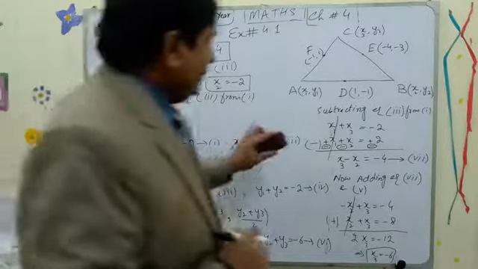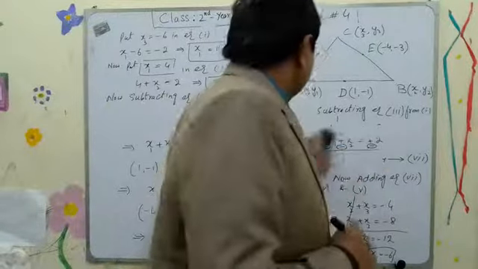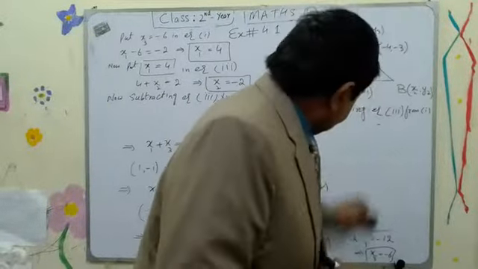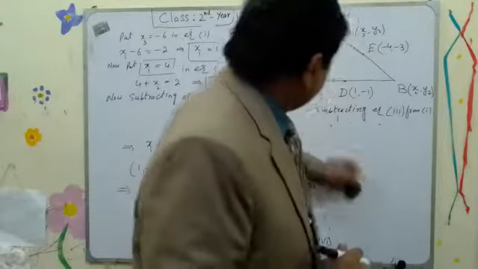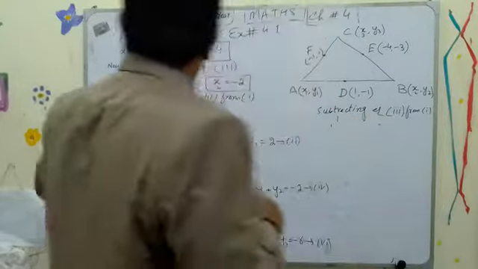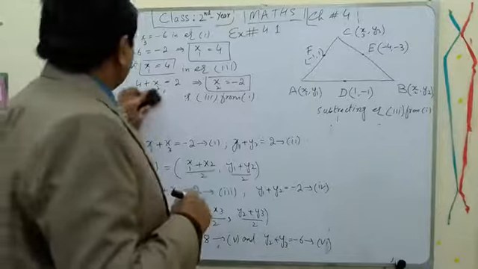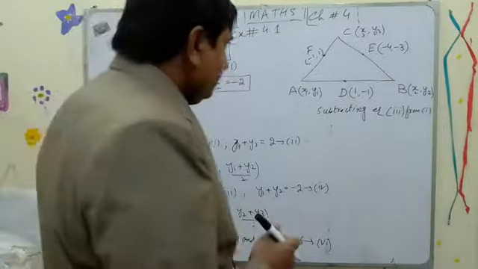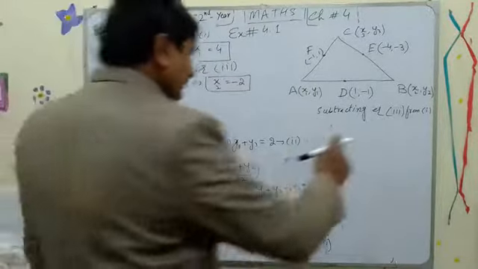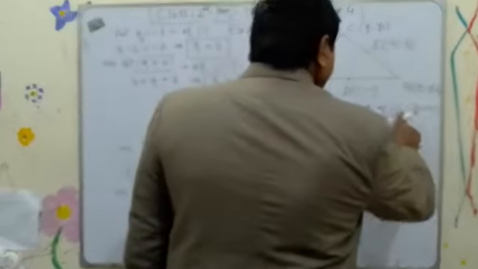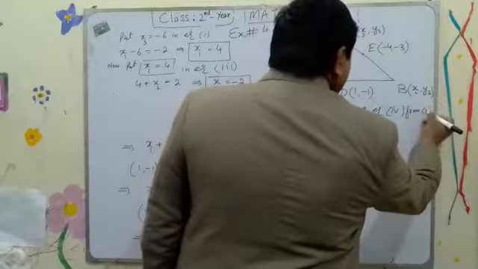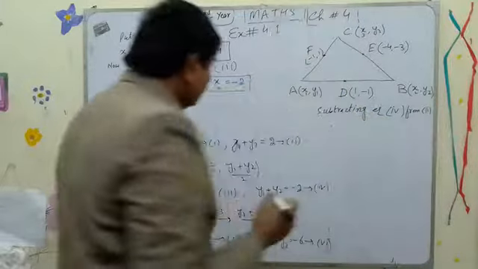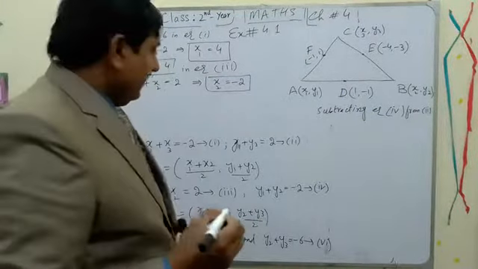Let's erase this and write the same values because of the same procedure. So I just write the same sentence: subtracting equation 4 from 2, because we are going to find the coordinates of y.